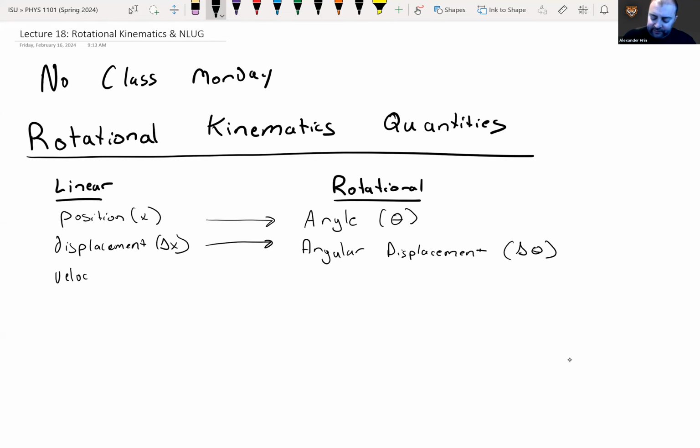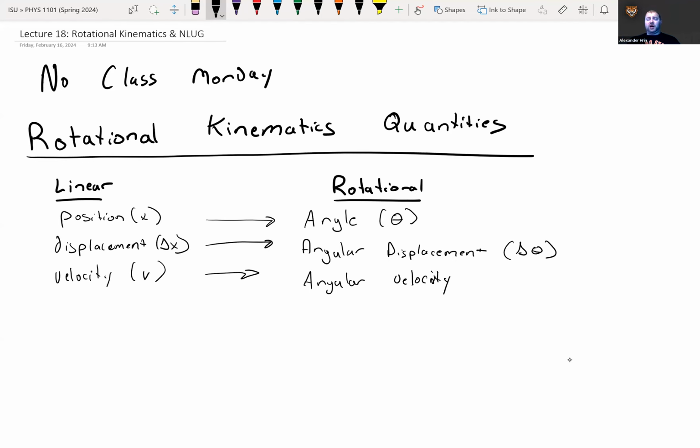Velocity. This was v in linear motion, and we're generally talking about it in one direction, and this corresponds to angular velocity. You'll sometimes see the term angular speed as well. Basically, it's angular velocity without really worrying about sign.